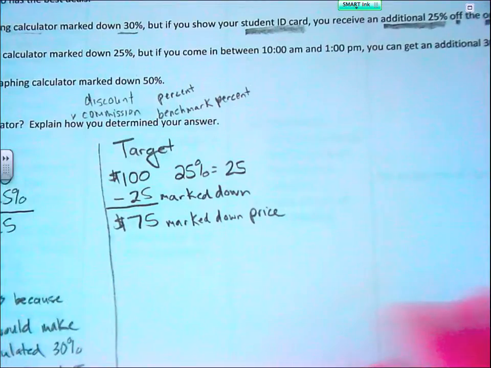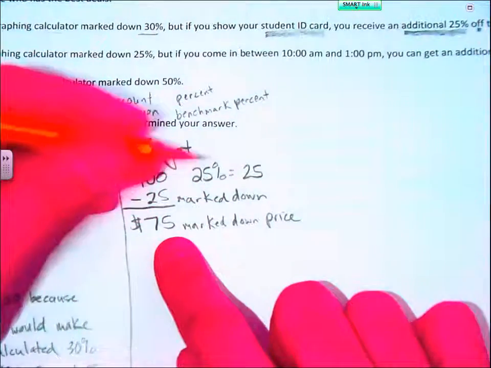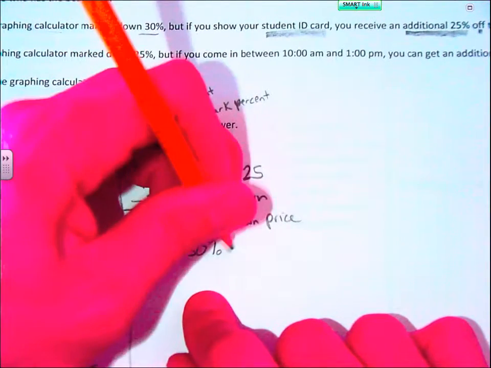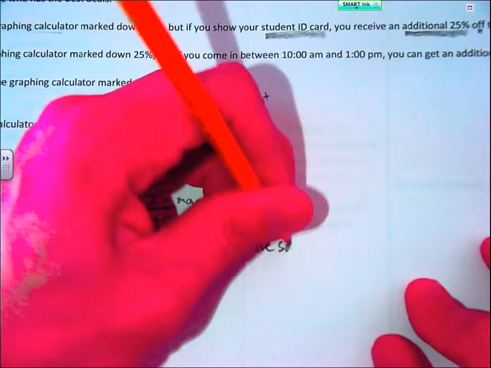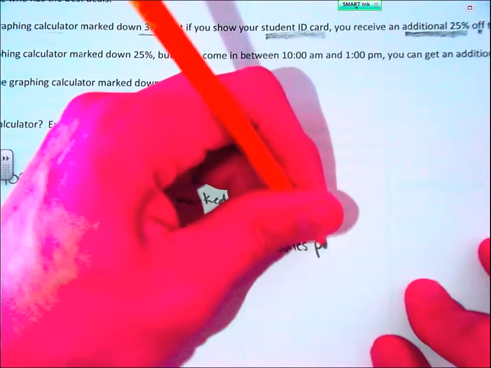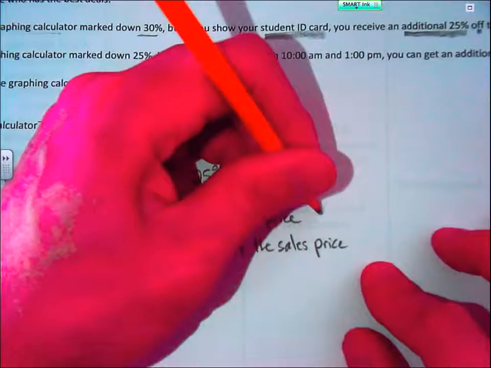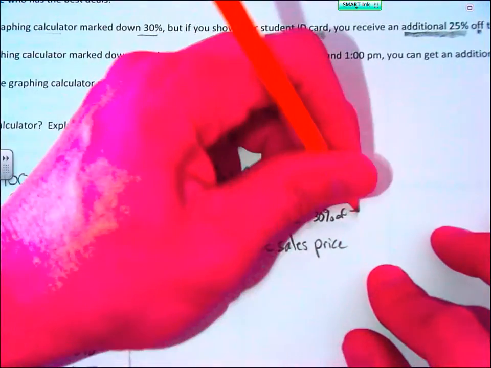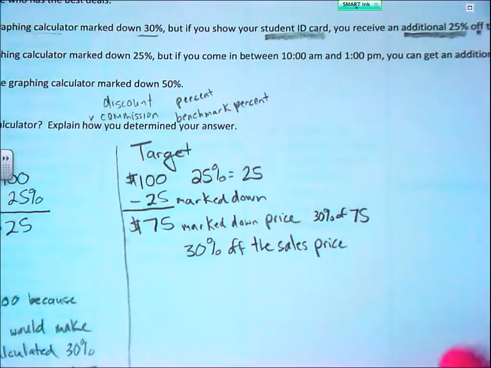So now I'm taking 30% off the sales price. So I need to figure out 30% of $75.